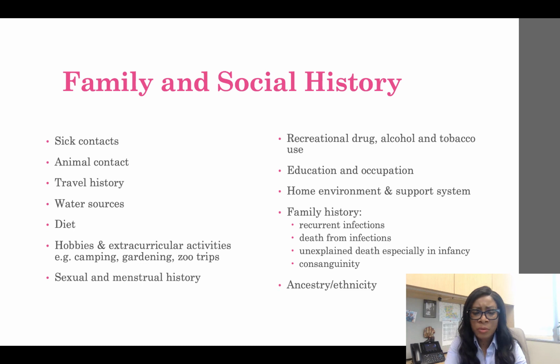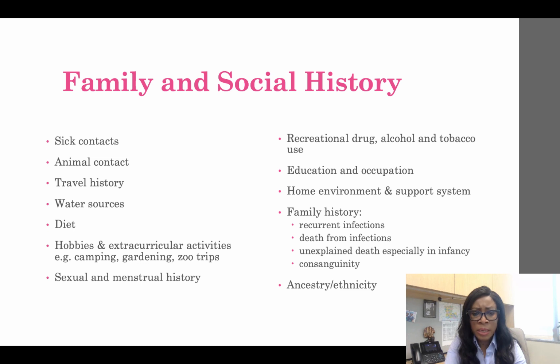Family history of recurrent infections, death from infections, unexplained death, especially in infancy, and consanguinity are often more relevant in children who have recurrent infections, as these may signal an underlying immunodeficiency.